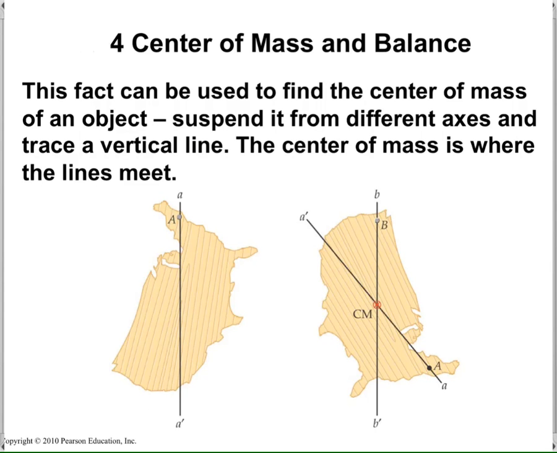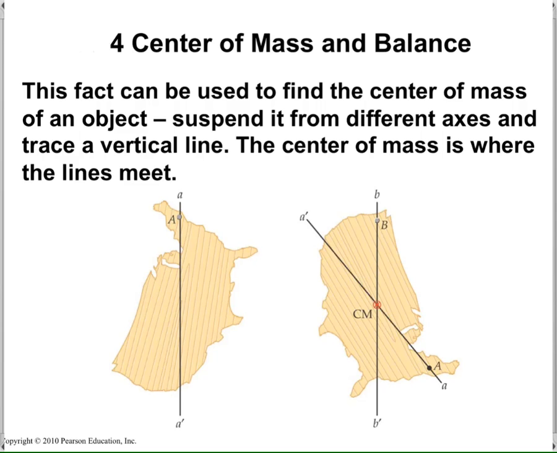If you have a very irregular, geometrically shaped object and you want to find its center of mass, just find any point on the object. You may choose this point, point A, and hang it from it.